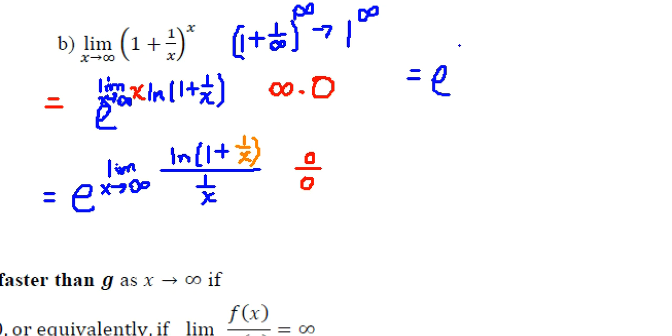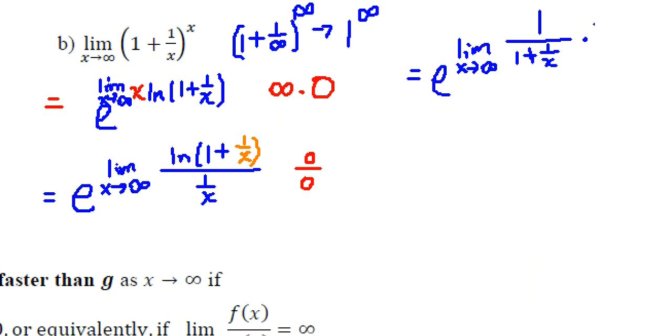So apply L'Hopital's rule. For the derivative of the top, you have to apply the chain rule. So natural log of u, where u is your inside part, will give you 1 over u, and the u is 1 plus 1 over x. So 1 over u times the derivative of the inner. The derivative of 1 is 0.